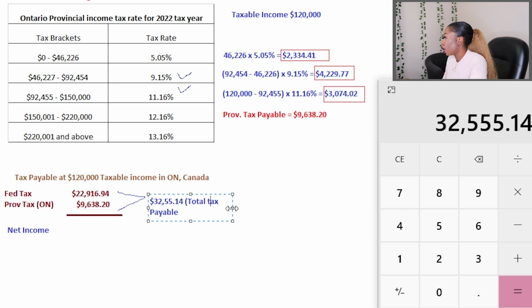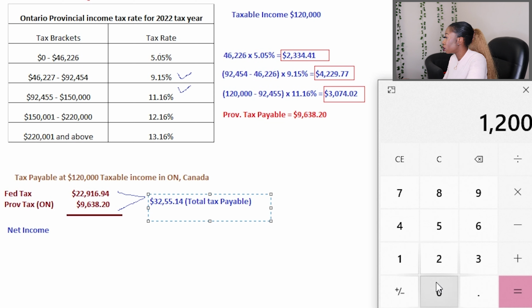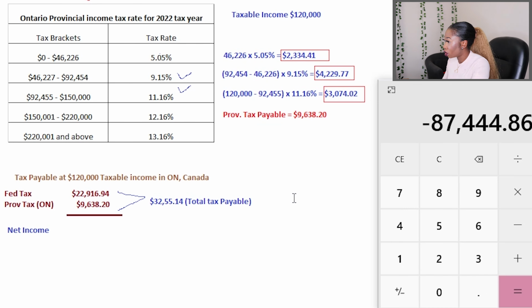I can as well make this total tax payable. Okay, and to get the net income, we will just deduct this from 120,000. Then what we'll have left, let me put that in orange, is net income, which would be 87,444.86.